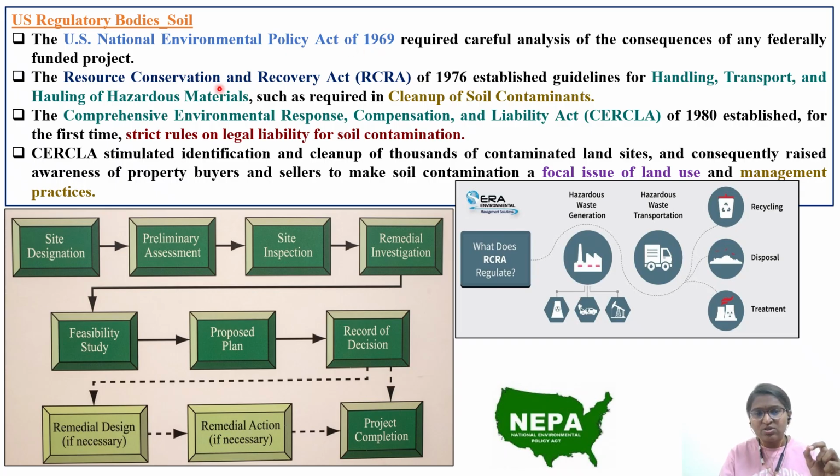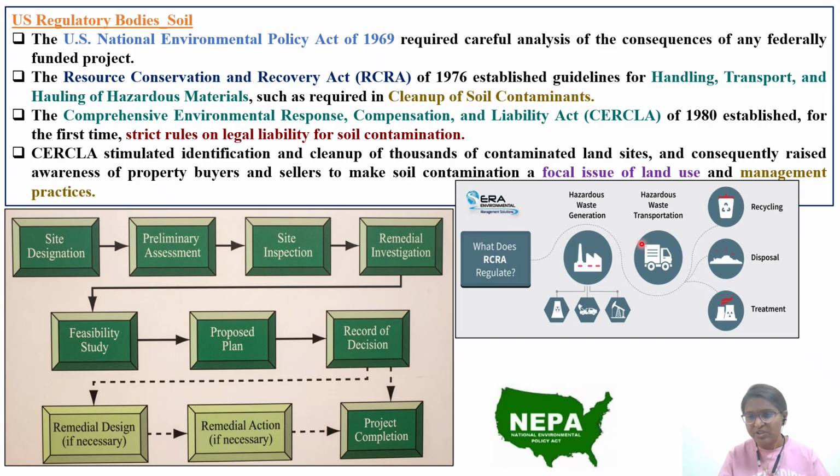The Resource Conservation and Recovery Act, RCRA, of 1976 establishes the guidelines for handling, transport, and hauling of hazardous material, such as is required in cleanup of soil contaminants. The main work of RCRA is to take care of the hazardous waste generator, which is the particular company generating the hazardous waste.